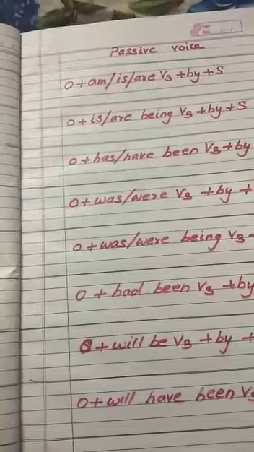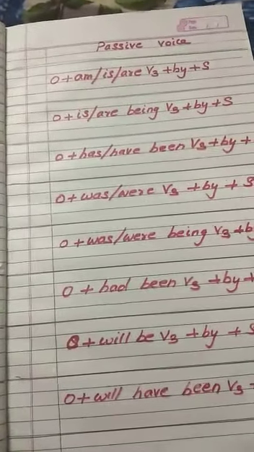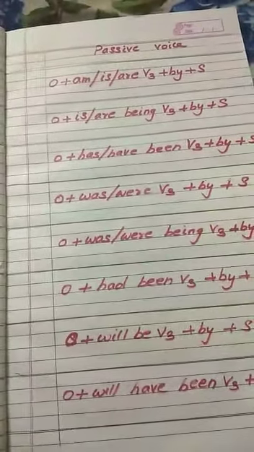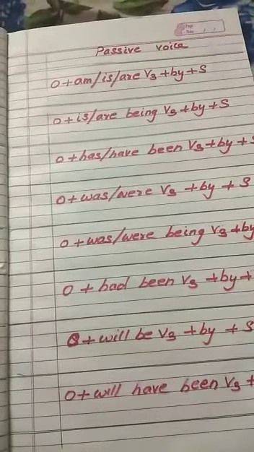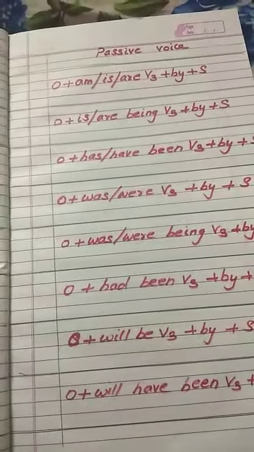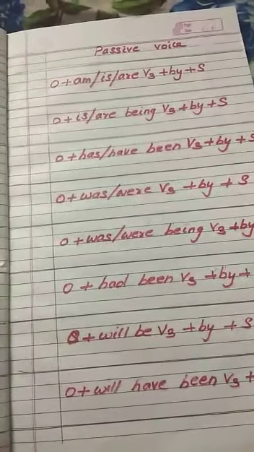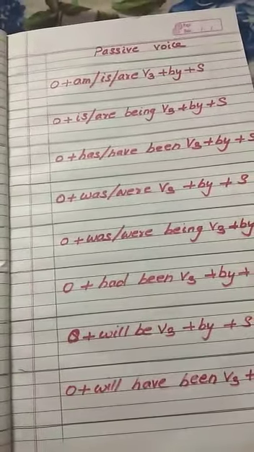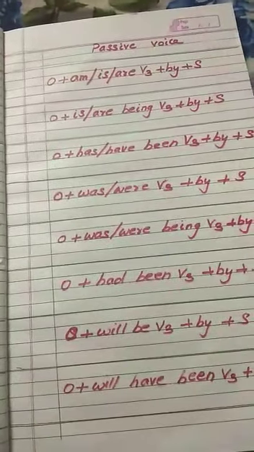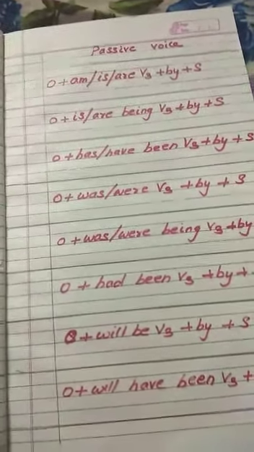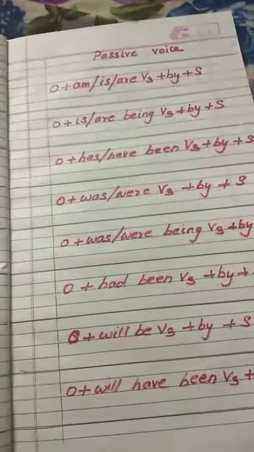That is, has or have, we will be having it. And then we will be adding been. So for remembrance, in the active voice, the verb is in the third form. The third form means it will be ending in en. Same way here, been. We are adding been and then V3 and then by and then subject. So has is singular and have is plural.